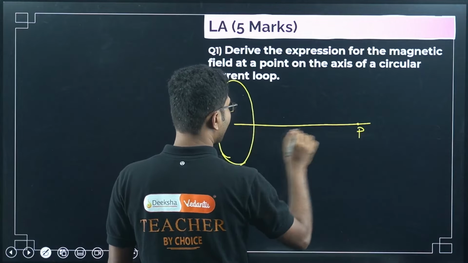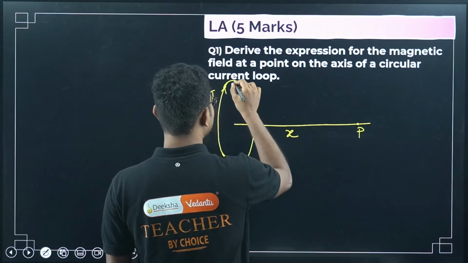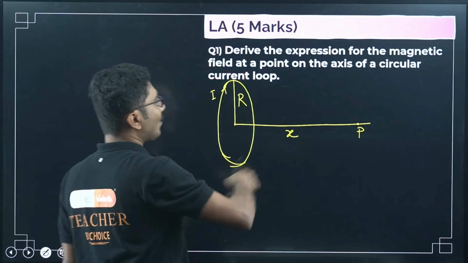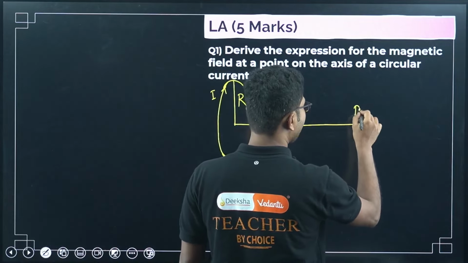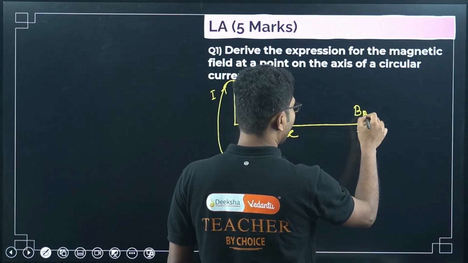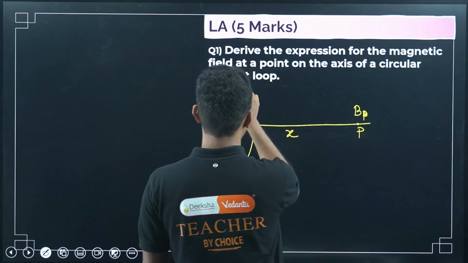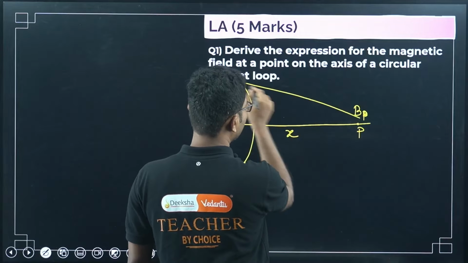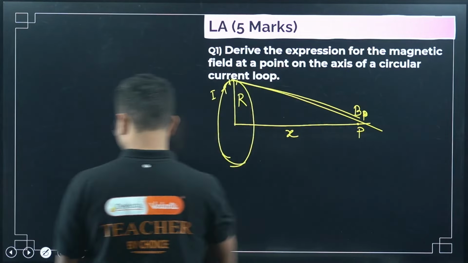Okay, what you have to do, you have to take this distance, this radius is r, and due to this current, whatever is the magnetic field at this point, there are a lot of formulas. You have to take a small portion here, and then you have to calculate the magnetic field.